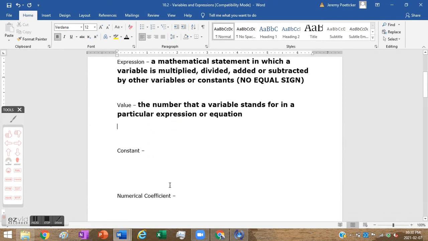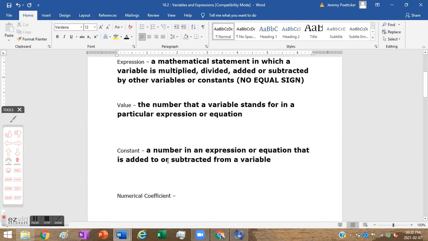So in our can of soup situation here, we don't have a constant that we're talking about. We have dealt with a numerical coefficient already, but we'll get to that in a minute. But a constant might be some number that we would add to it.